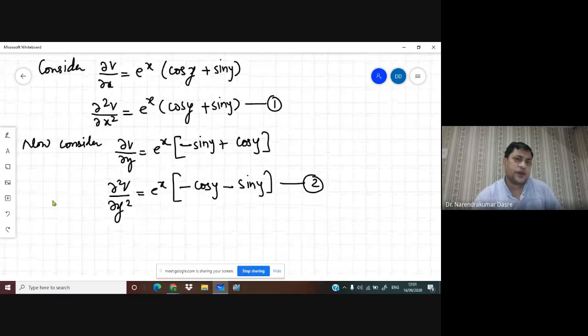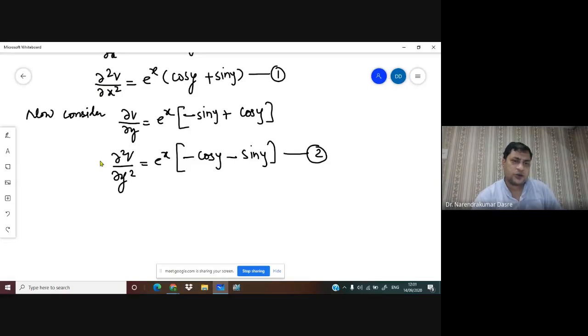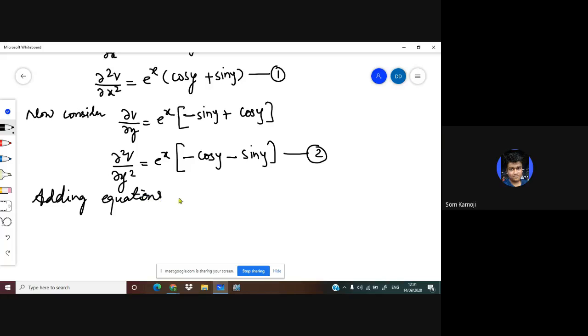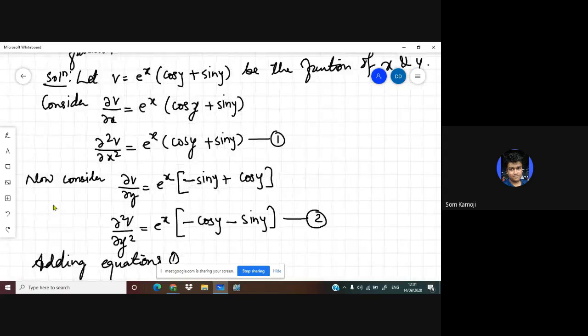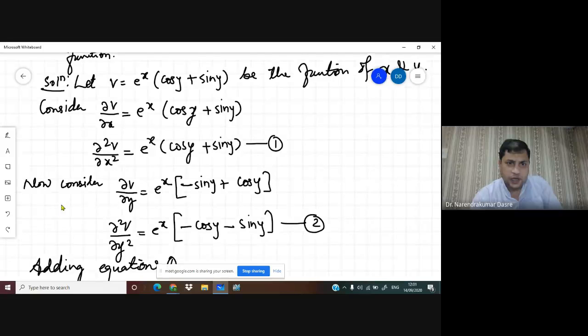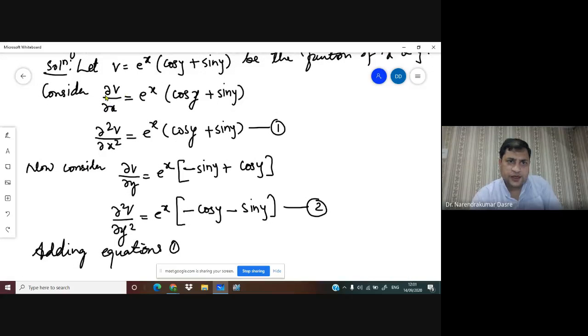Now we have both second order derivatives. So what we can do is add these two. Sir, the first derivative will be different? Which first derivative, dou v by dou x or dou v by dou y?